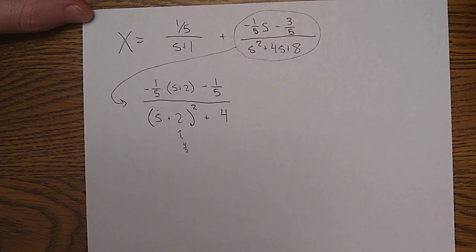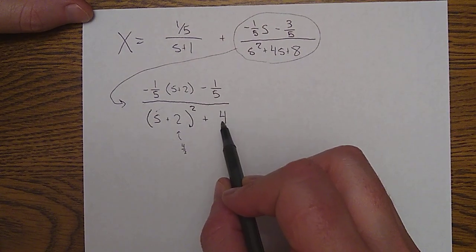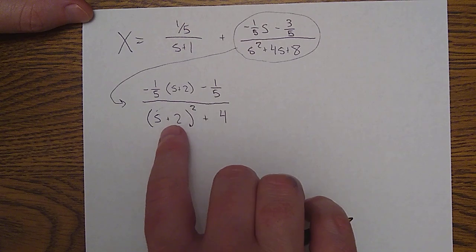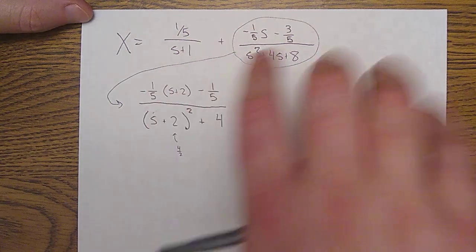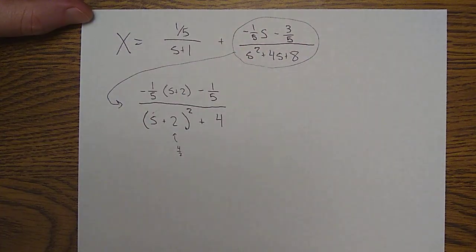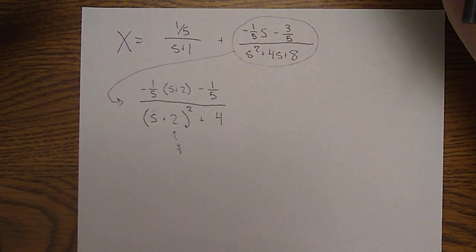Okay, so let me review what I just did. I completed the square on the bottom, and once I noticed that completing the square gave me an s plus 2, that told me all of my s's everywhere should be in parentheses as an s plus 2.